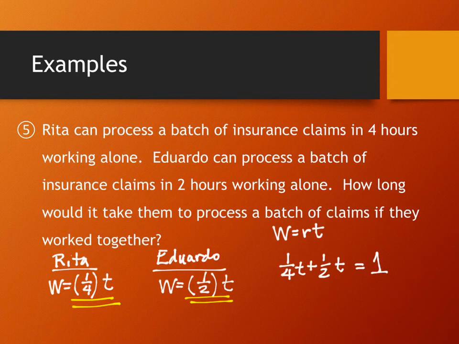What is 1/4 plus 1/2? It's 3/4. And if you weren't sure, because you and fractions don't like each other very much, remember we can get a common denominator, 2. So we get 3/4. Another thing you can do is you can think about it in terms of money. 1/4 and 2/4 is 3/4. So this is 3/4 T equals 1.